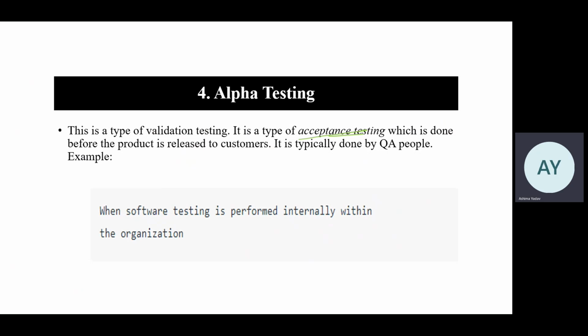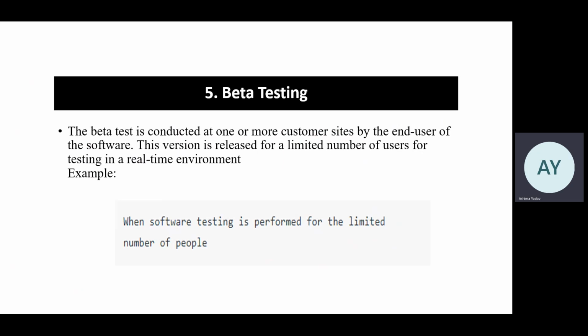QA people test the software within the organization to see whether everything is working fine or if there is any error. So the testing here occurs in a familiar environment, under the supervision of the QA people or the developers. Whereas beta testing, the different variant of this testing, is tested in the real time environment.